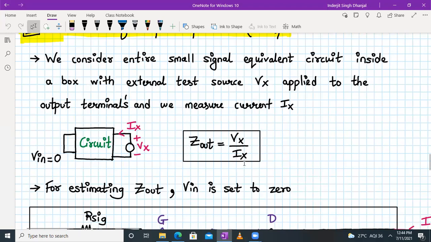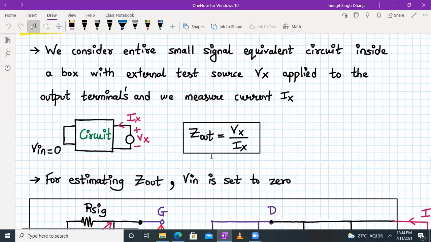Vx divided by Ix. And one more thing, very, very important: for estimating Zout, V in has to be set to 0. Okay, this was not present in the case of the input impedance, but for output impedance, we have to make sure that the input source is set to 0. So if it is a voltage source, you short circuit it. If it is a current source, you open circuit it.